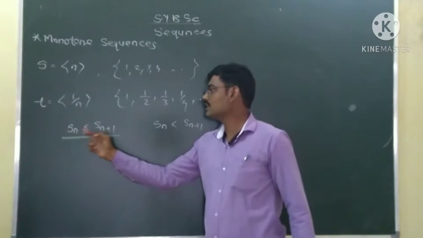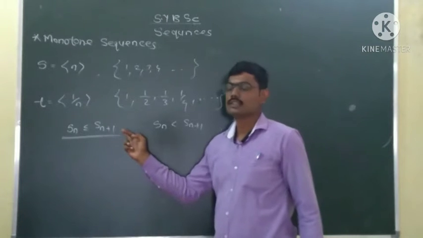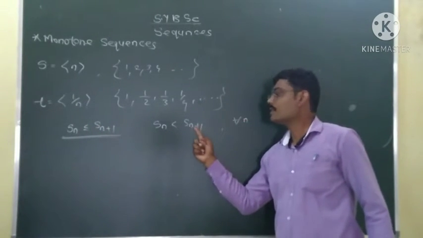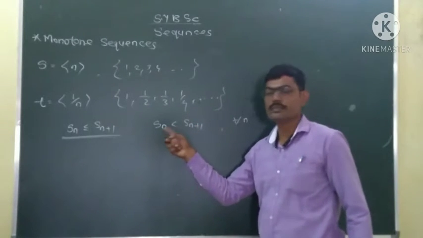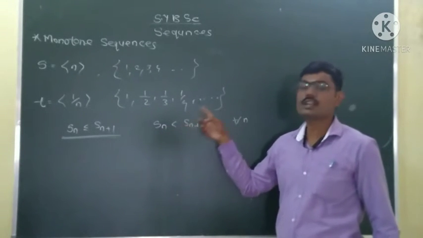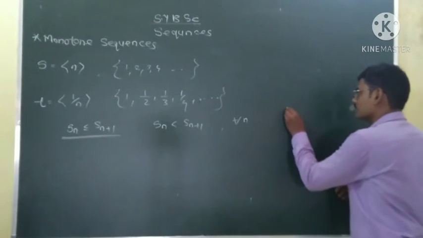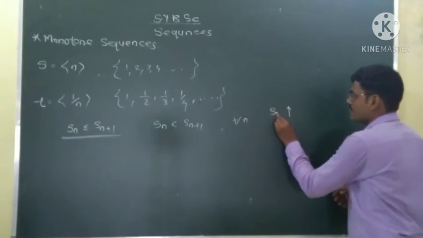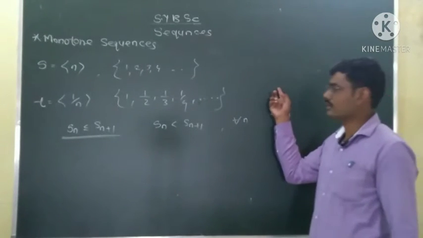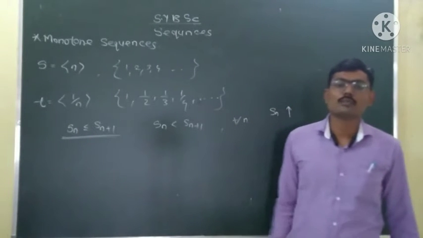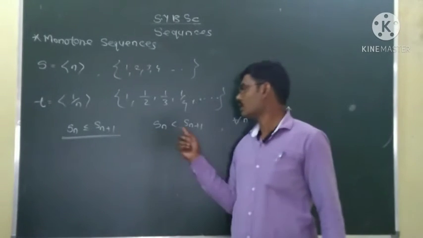If Sn is less than or equal to Sn plus 1, then we say that the sequence is monotonic increasing. And if each term is strictly greater than its previous term, then we say that the sequence is strictly monotonic increasing. The notation is like this: the sequence Sn is monotonic increasing. If this relation is valid, the sequence is said to be monotonic increasing. This or this.